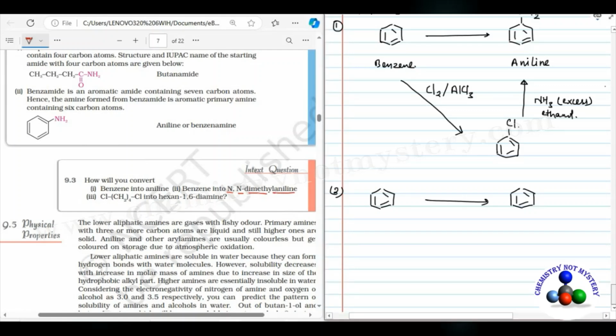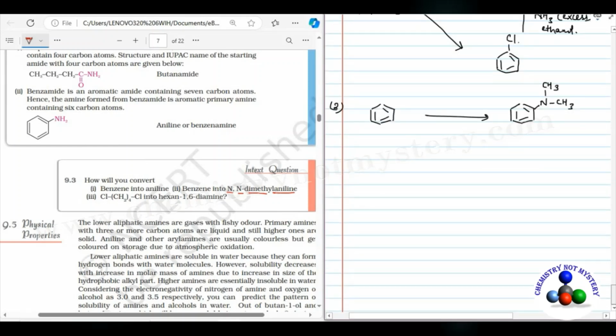Aniline means nitrogen will be there and there are two substituents bonded to nitrogen. So on one side it is bonded to CH3 and on the other side also it is bonded to CH3.